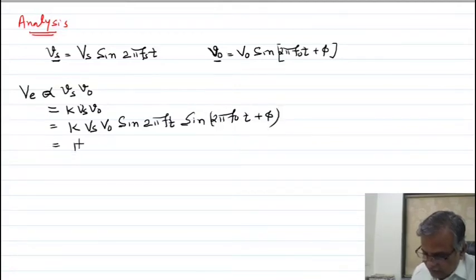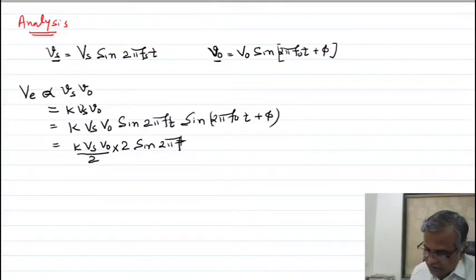If I multiply by 2 and divide by 2, I can write this equation in this way.